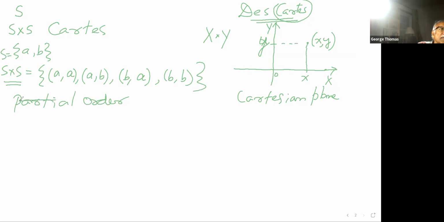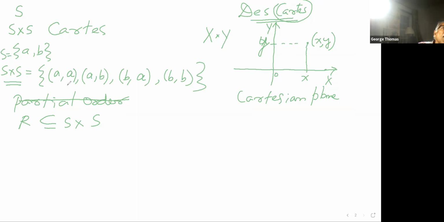You see, any subset of the Cartesian product is called a, why do we denote it by the letter R? R to remind us that it is a relation. A relation is any subset of the Cartesian product of S with S.